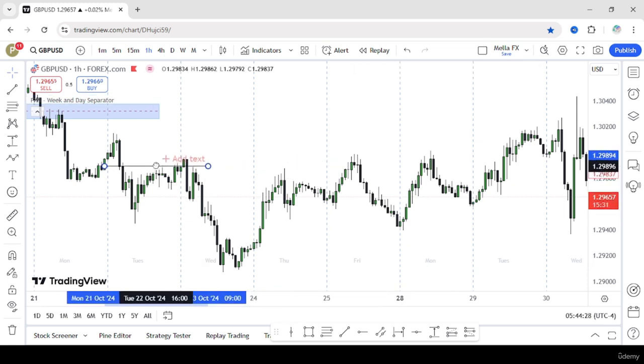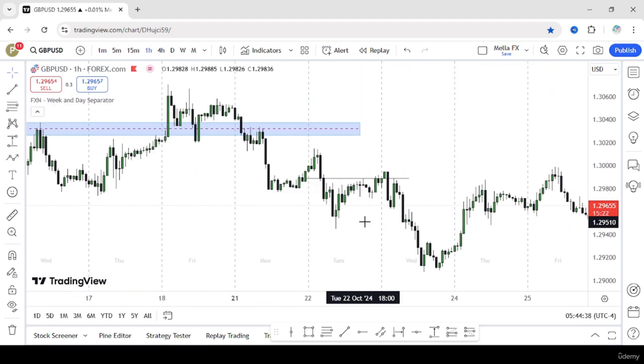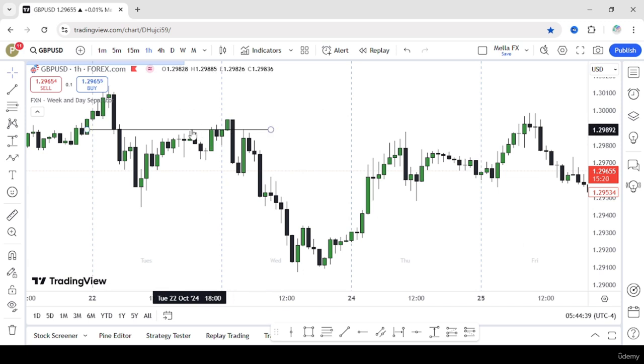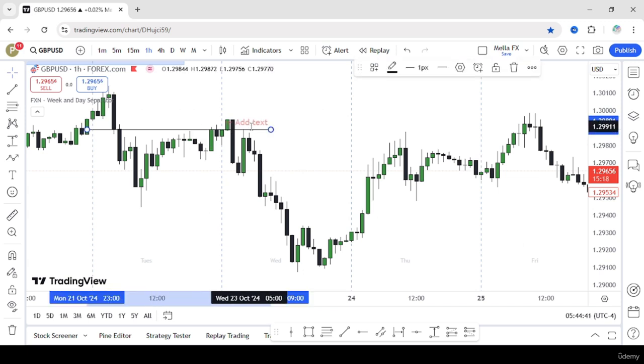Even here we can see there's this swing high. This is session liquidity because it is an Asian high. So these are buy stops. Let me write buy side liquidity or buy stops.